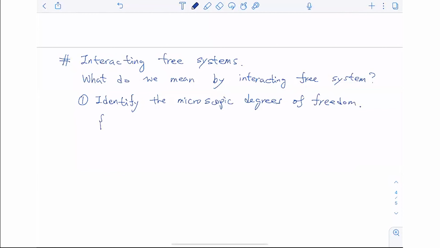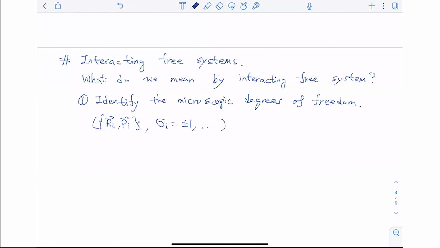For example, in the ideal gas, we have the position and momentum of the particles. In the magnetic system, we have the orientation of these little spins, and it could be plus or minus 1, and so on.